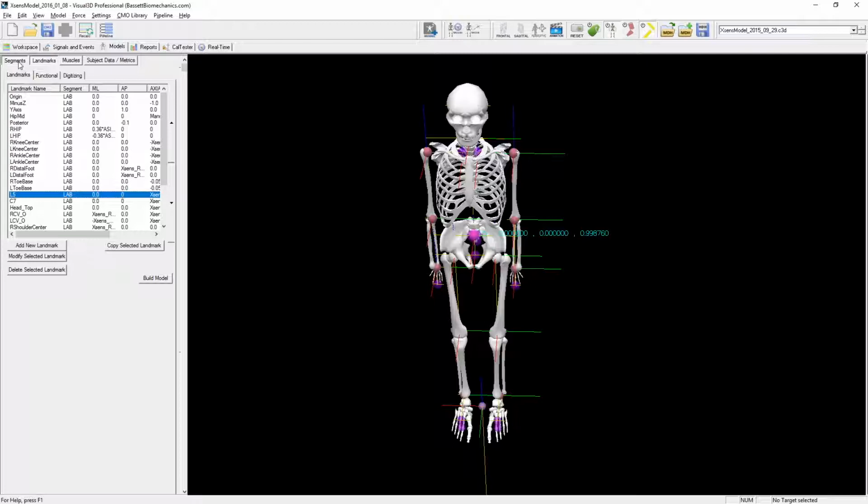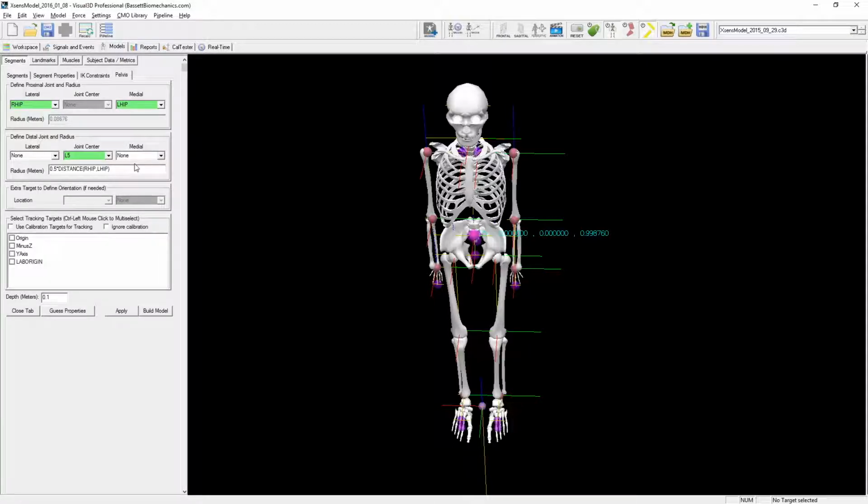So back to segments, you see that is the actual definition of how we get our pelvis defined using three individual markers, or better landmarks, to define it so we get the position and orientation.